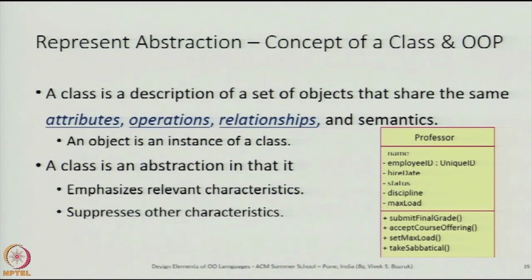I am not interested in the professor's height and all these things, so I have not written it here. That is an irrelevant characteristic in this particular context. So we are actually representing the relevant characteristics, remember that. It is an abstraction, it is not all the exact details of that professor that we are writing here, or student, whatever it is. That is a very important thing, that you are abstracting the relevant characteristics and suppressing the others.